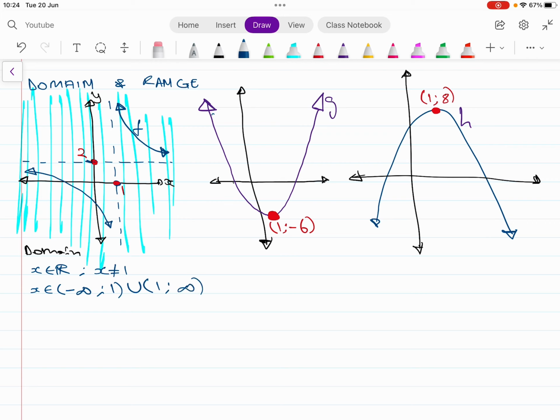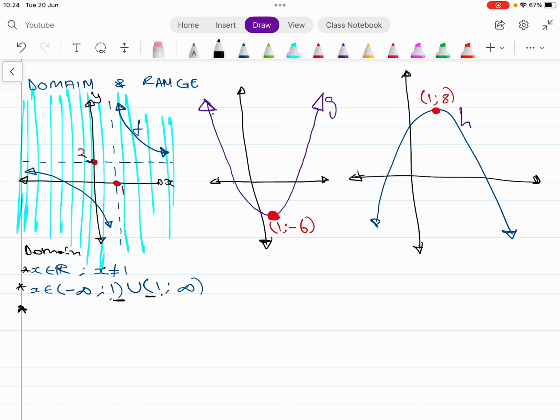Because you are using circular brackets here, this shows that you are not including 1. So these are just two different ways of writing the same thing. You're saying from negative infinity to 1, union from 1 all the way to positive infinity.